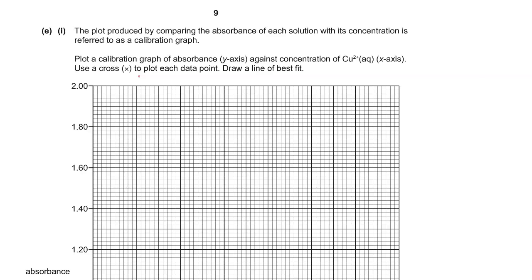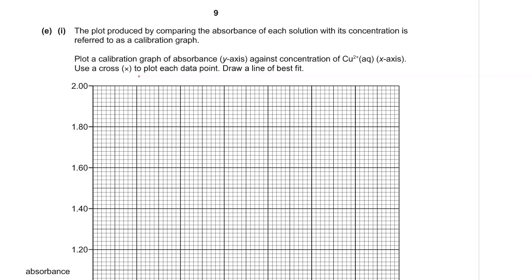Part E1, the plot produced by comparing the absorbance of each solution with its concentration is referred to as a calibration graph. Plot a calibration graph of absorbance, y-axis, against concentration of copper 2 ions, aqueous, x-axis. Use a cross to plot each data point.